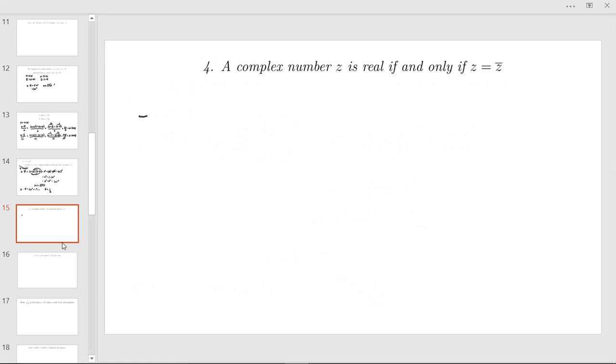Now we move on to another theorem: a complex number z is real if and only if z is equal to z bar. First we need to show that z is real implies z is equal to z bar. Now if z is real, that means the coefficient of i must be 0, because if it was non-zero, z would have some imaginary part to it, which means it's non-real.